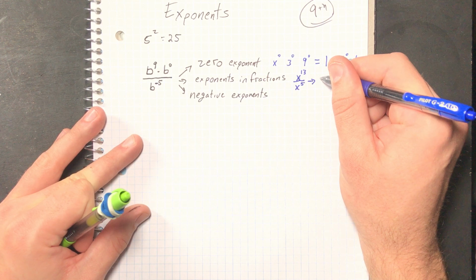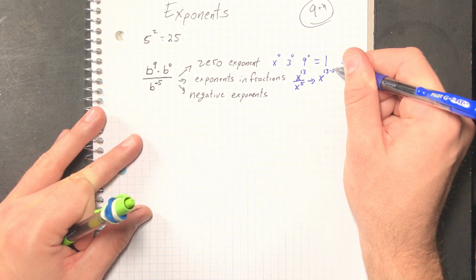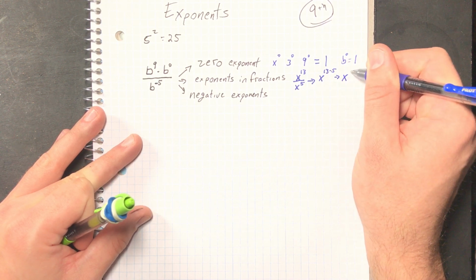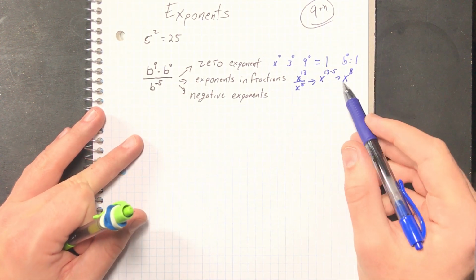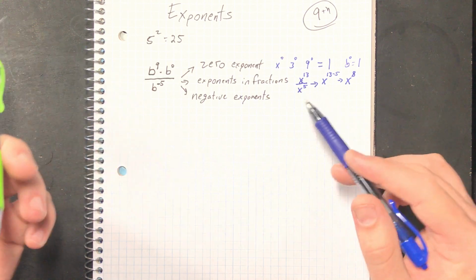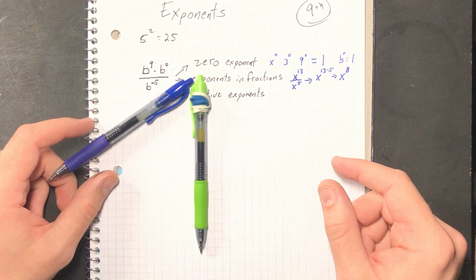Very important. It's the same thing as saying x to the power of 13 minus 5, aka this is going to be x to the, don't mess this up, the 8th. Great. Sometimes doing just subtraction in your head and working in pen can be nerve-wracking because I've gone through so many sheets of paper.